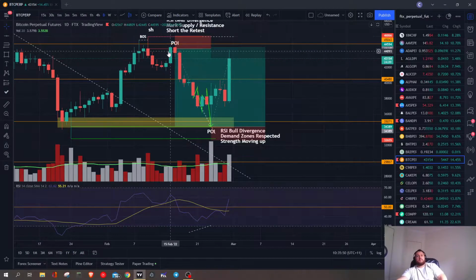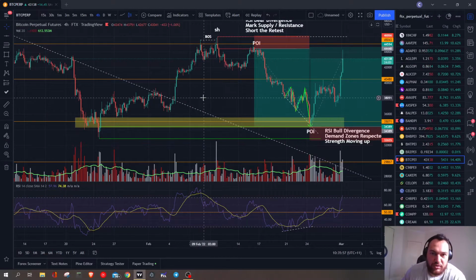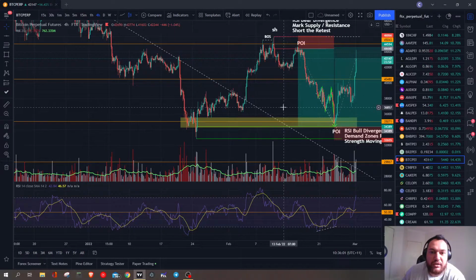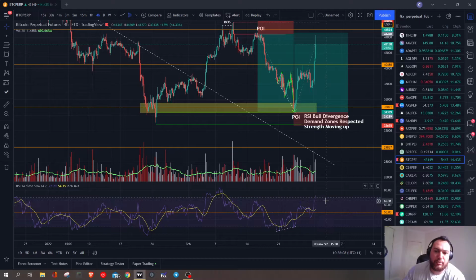So that's adding RSI with supply and demand and points of interest. You know, a little bit of break of structure, stop hunt, break of trend here, and just capturing how RSI moves.